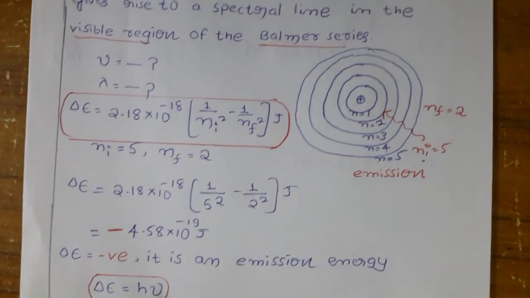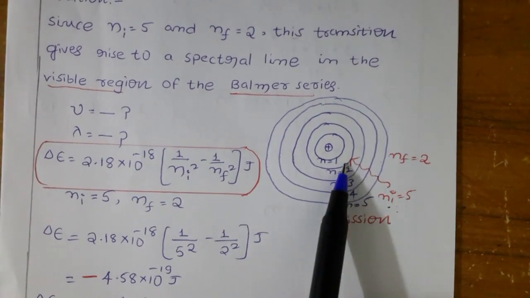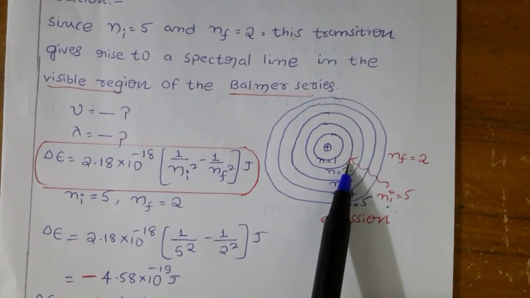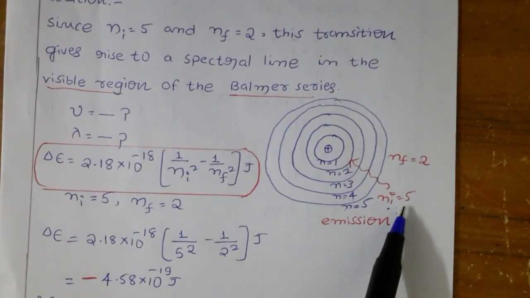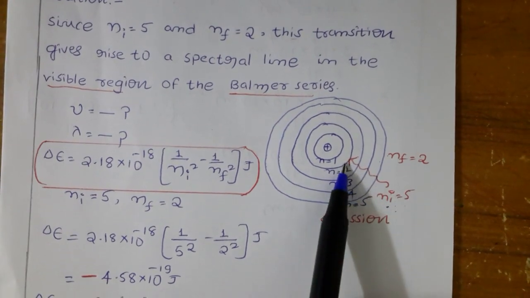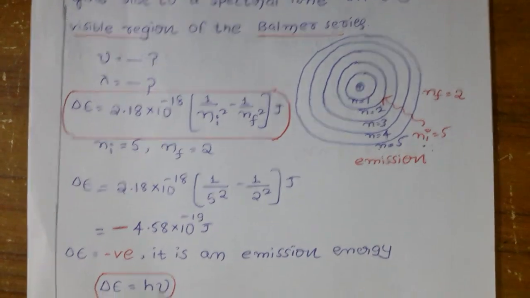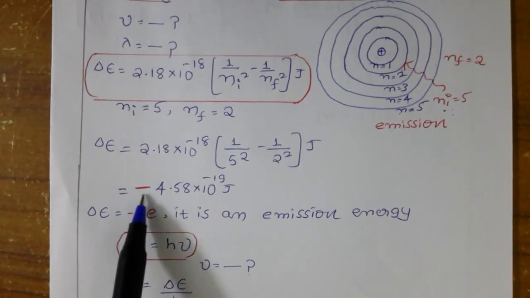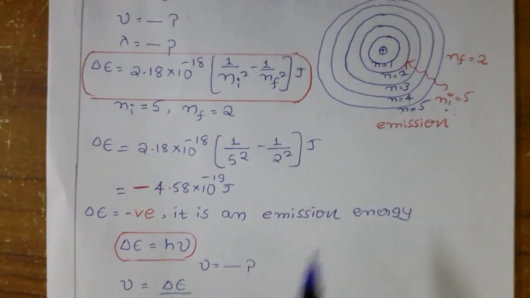Because we already discussed, if an electron jumps from an upper orbit to a lower orbit, emission of energy takes place, isn't it? So the electron from the fifth orbit jumps to the second orbit, which means emission of energy is taking place, so you get a negative value. So delta E negative means it is an emission of energy.